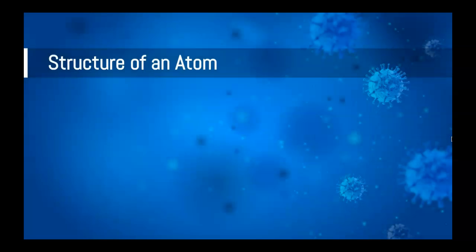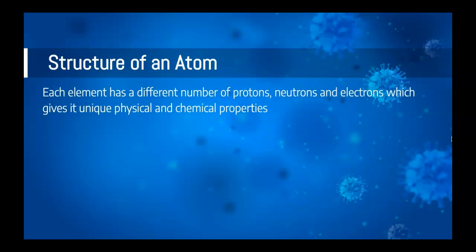All right. So, looking at the structure of an atom, each element has a different number of protons, neutrons, and electrons. And because of that, they have different physical and chemical properties. So the physical and chemical properties we've already talked about in class come from the number of protons, neutrons, and electrons in an atom. Now, we have 2 numbers that we're going to need to know. One is what's called the atomic number, and the atomic number tells you how many protons an atom has. So the atomic number is equal to the number of protons.